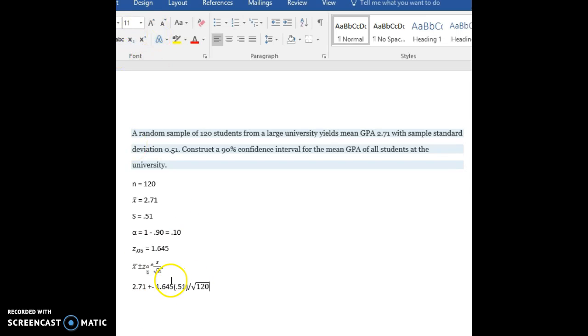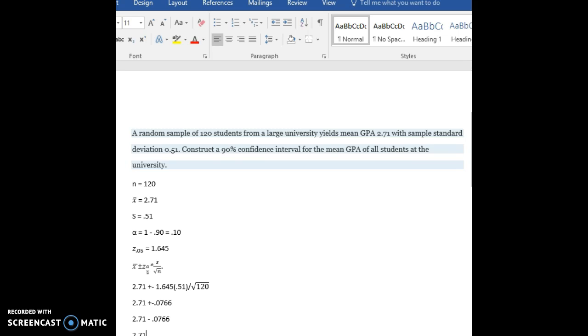All right, just to save time, I'm going to put this quantity, 1.645 times 0.51 over the square root of 120, in my calculator all at once. That gives me 2.71 plus and minus 0.0765766.